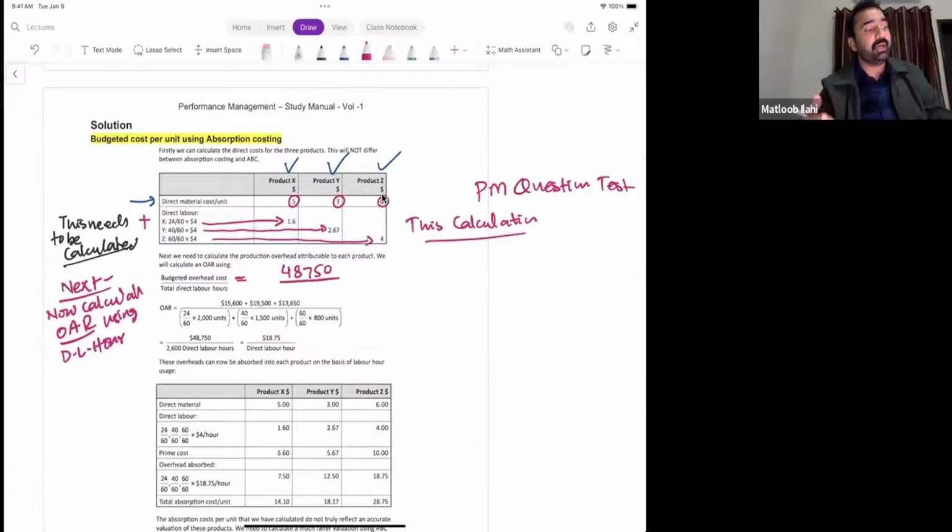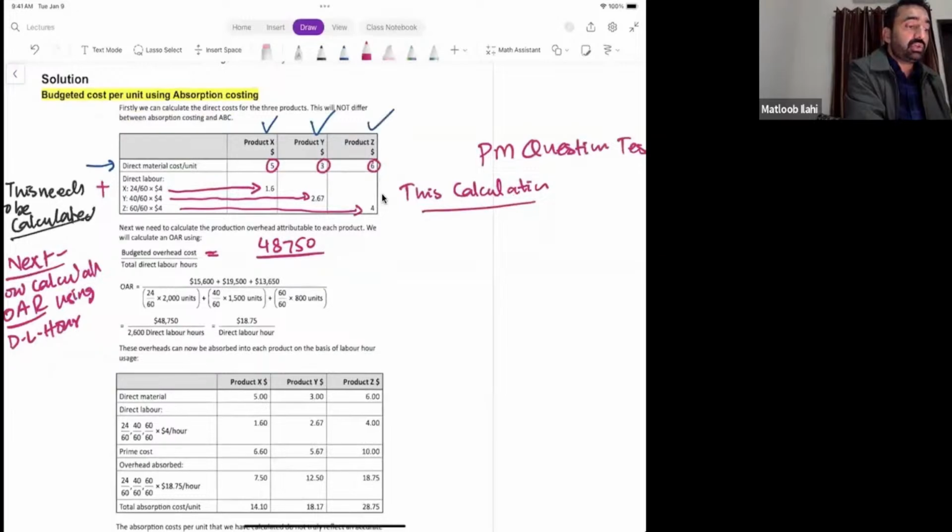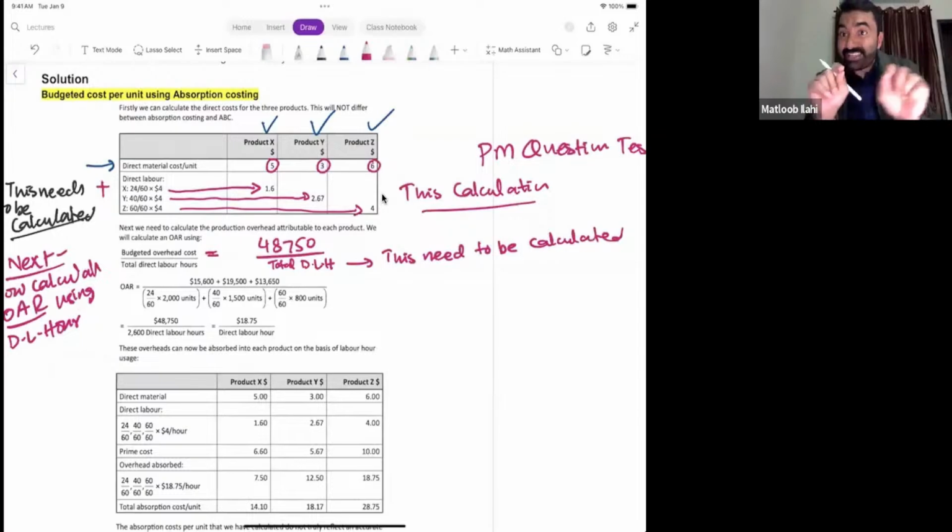Here it is, 48,750. Divide by, now you need to calculate total labor hours. Total direct labor hours needs to be calculated. You see, these are the small calculations where PM students get stuck.